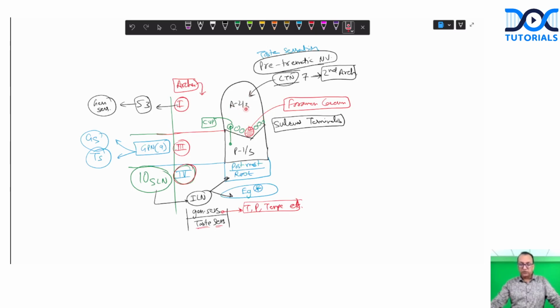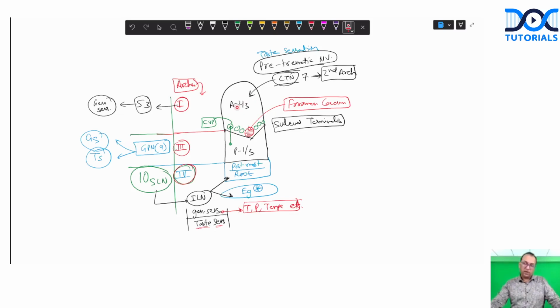If you talk about taste sensation, it is carried by the pretrematic nerve, which is the chorda tympani nerve, a branch of the facial nerve. The facial nerve is the nerve of the second arch. Though the second arch disappears from the tongue and does not contribute to it significantly, it leaves behind one branch of the facial nerve, the chorda tympani nerve, which carries taste sensation from the anterior two-thirds of the tongue.